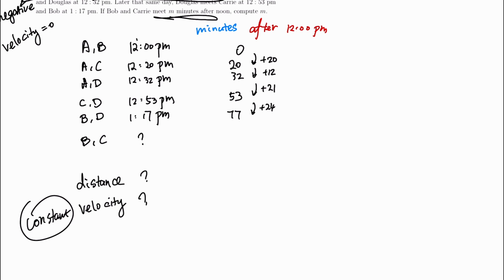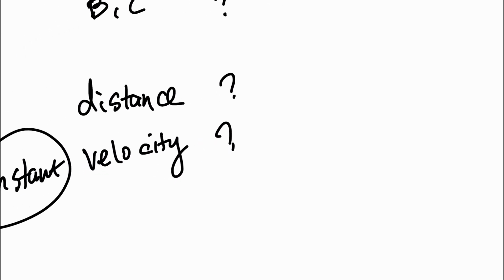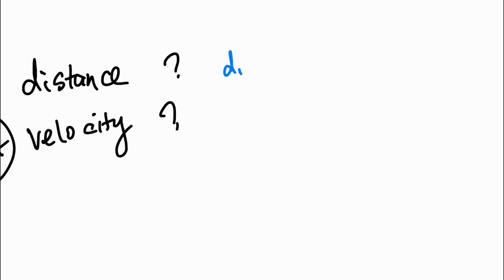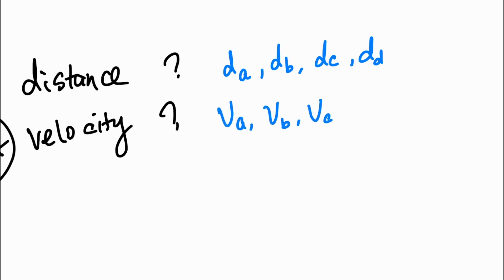If we don't know distance, we can just set them as DA, DB, DC, and DD, I guess. And velocity, we don't know the velocity, we can set them as VA, VB, VC, and VD.